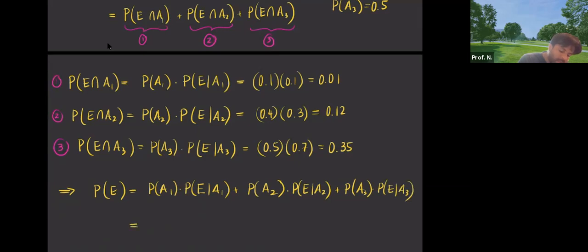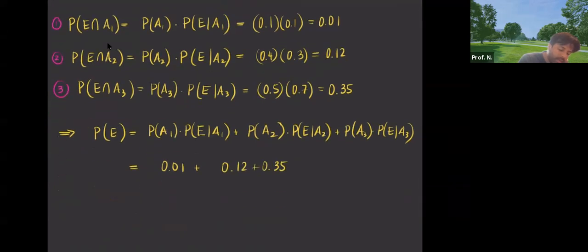When you add these up, you get 0.01 plus 0.12 plus 0.35, and the resulting probability is 0.48.